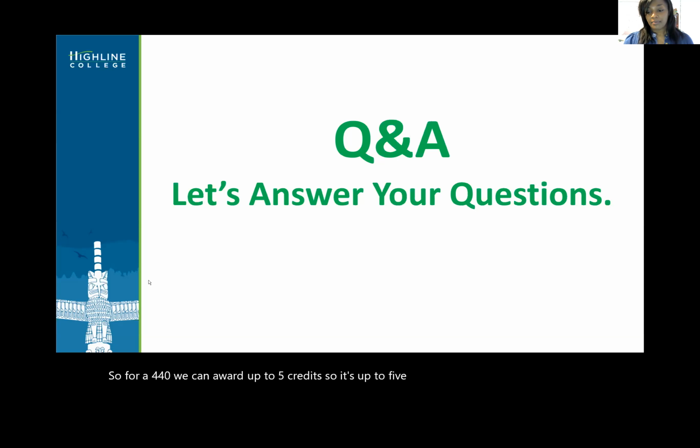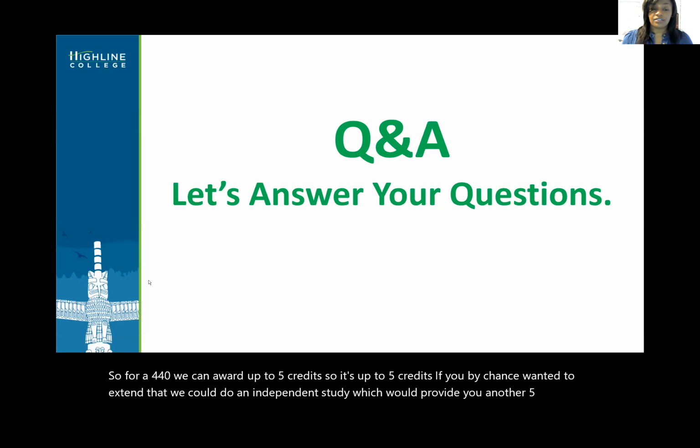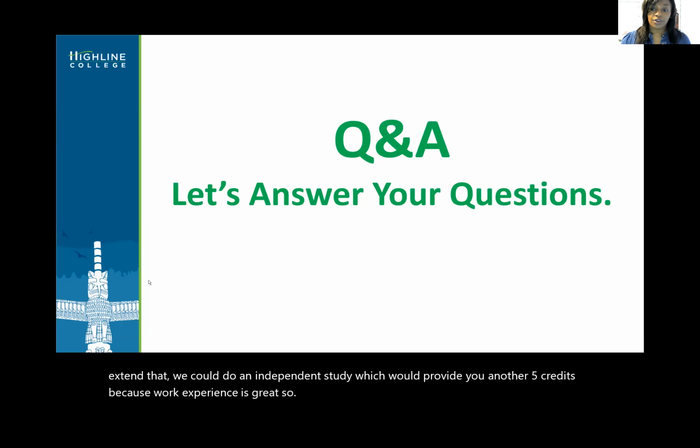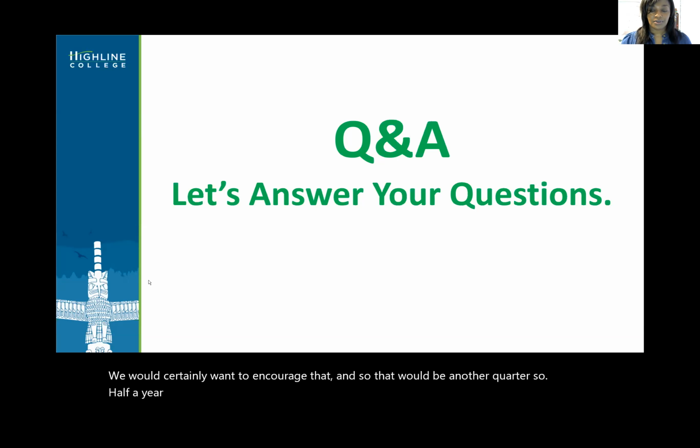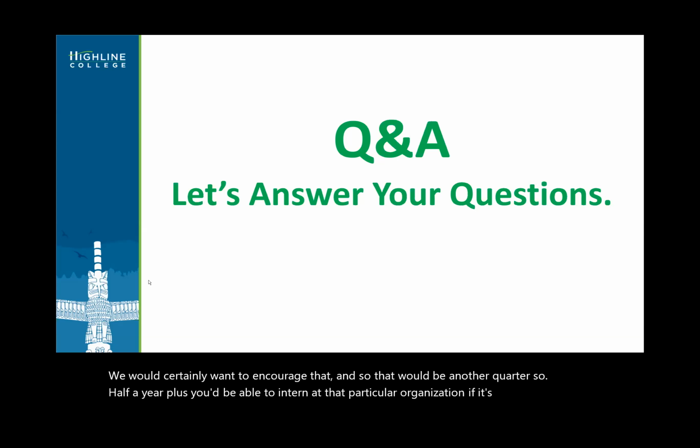If you by chance wanted to extend that, we could do an independent study, which would provide you another 5 credits because work experience is great. So we would certainly want to encourage that. And so that would be another quarter. So half a year plus, you'd be able to intern at that particular organization if it's going well. Okay, thank you.